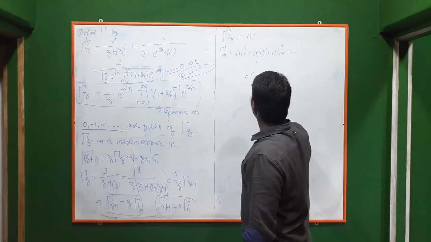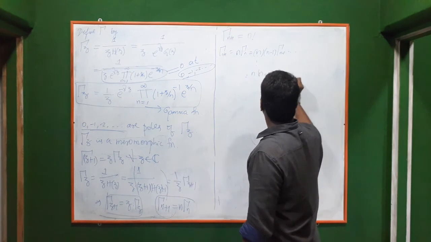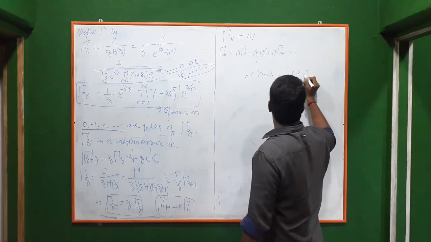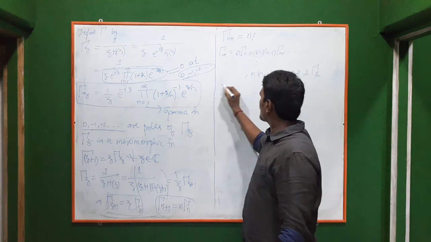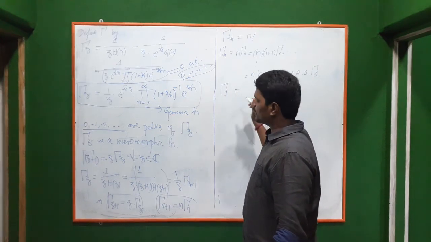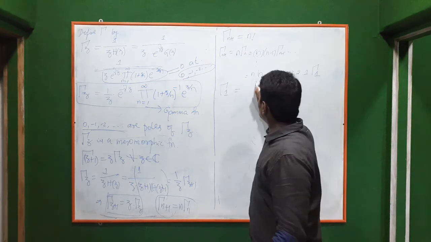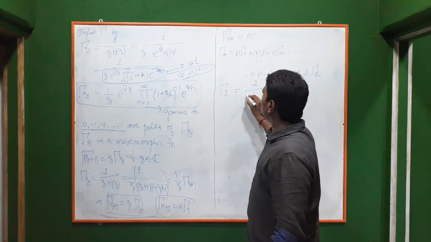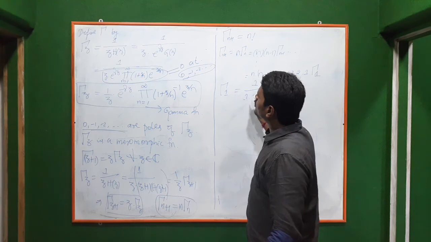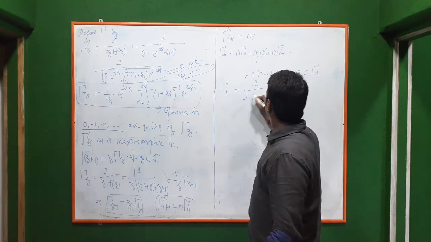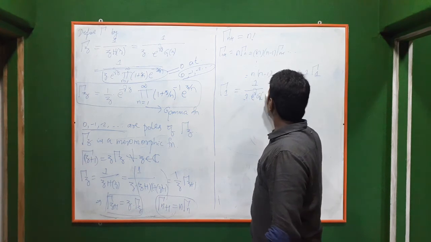If you do, this will be n into n minus 1 and so on up to 3, 2, 1 into gamma of 1. But what is gamma of 1? Gamma of 1 is 1 by 1 into e power gamma g of 1.